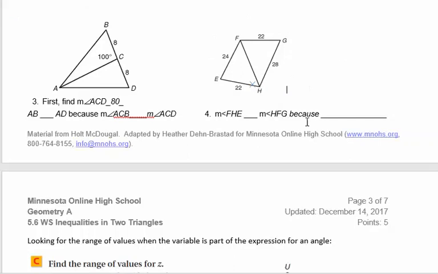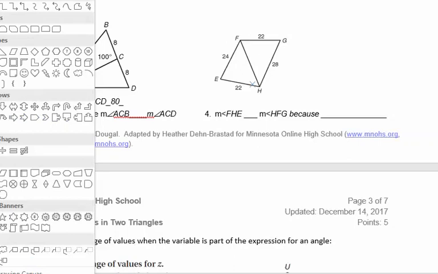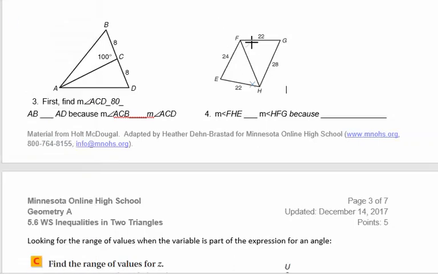And I'm also going to compare that with the measure of angle HFG. So here's H, here's F, here's G. The middle one is the vertex that we are looking for. That's the vertex of the angle we're talking about. So we're talking about this angle up here. I'm just putting an X up there so we can see what angles we're dealing with.